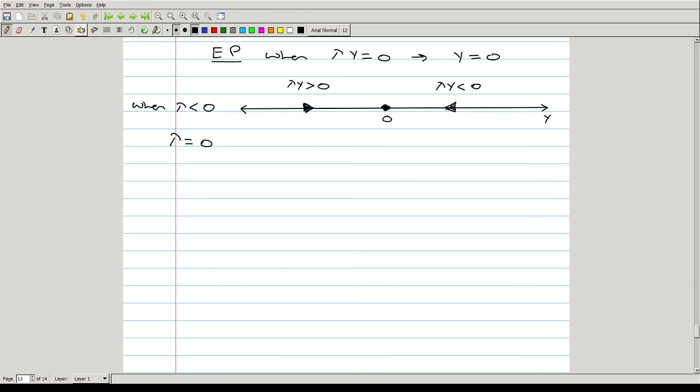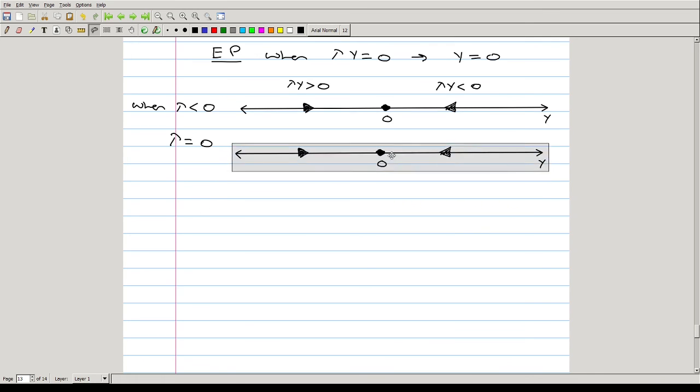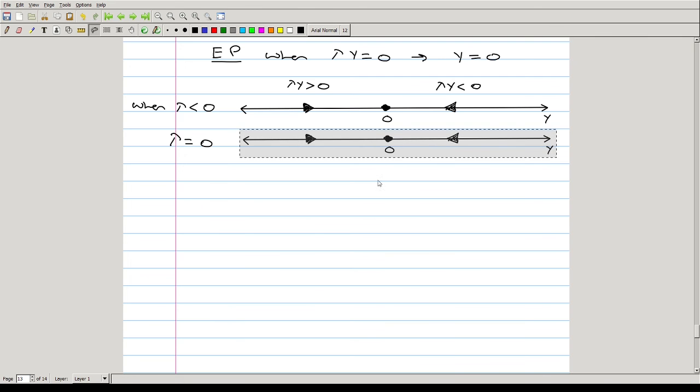If lambda is equal to 0, this picture is going to change slightly. Because lambda equals 0 means that y prime equals 0.